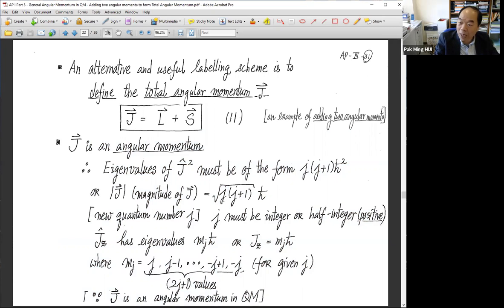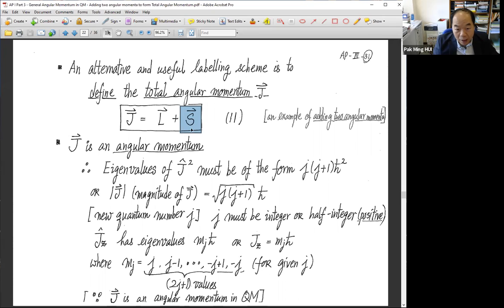So now the question becomes, we know this is attached with an L quantum number, small l, and for an electron, the quantum number is S equals half.